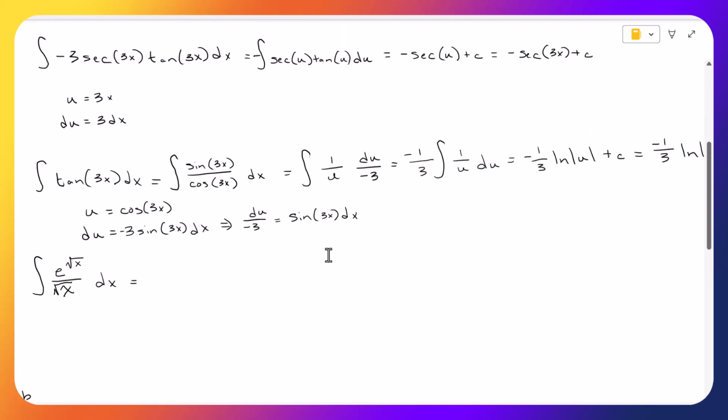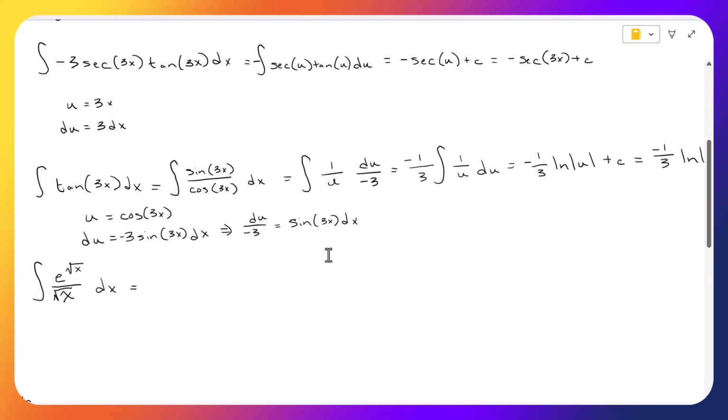Okay, last one for definite integrals. We have e to the square root of x divided by the square root of x. This one's a little bit trickier to explain why we're doing it, or it's a little bit harder to see.